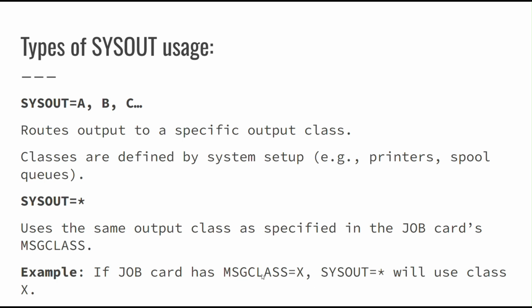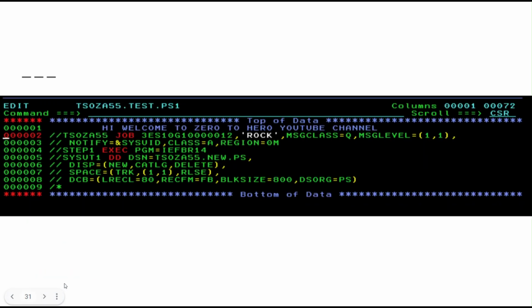If we use SYSOUT equals star, it will use the same as X. Till now we have completed DSN, which is dataset name, and DISP, which means disposition, space, track, primary and secondary quantity, and release.